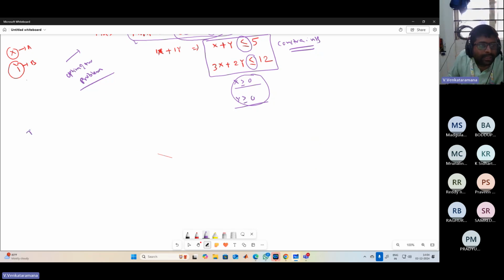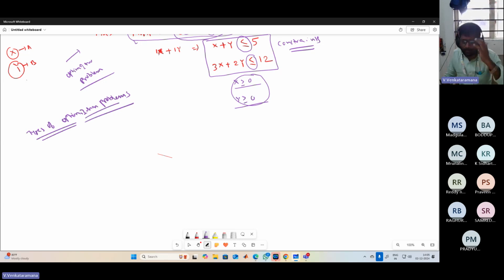Types of optimization problems. Basically, these optimization problems are mainly classified into two categories.